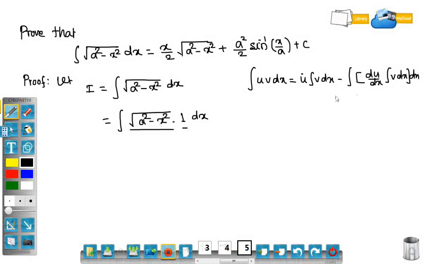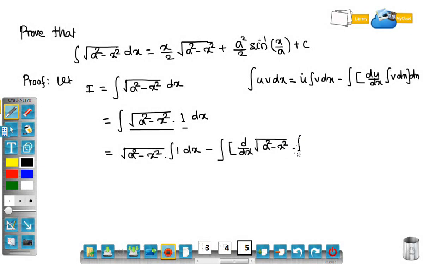Using the formula, it is equal to the first function, under root of a square minus x square, into the integral of the second, the integral of 1 dx, which is nothing but x, then minus the integral, in bracket, the derivative of the first, which is the derivative of under root a square minus x square, into the integral of 1 dx.